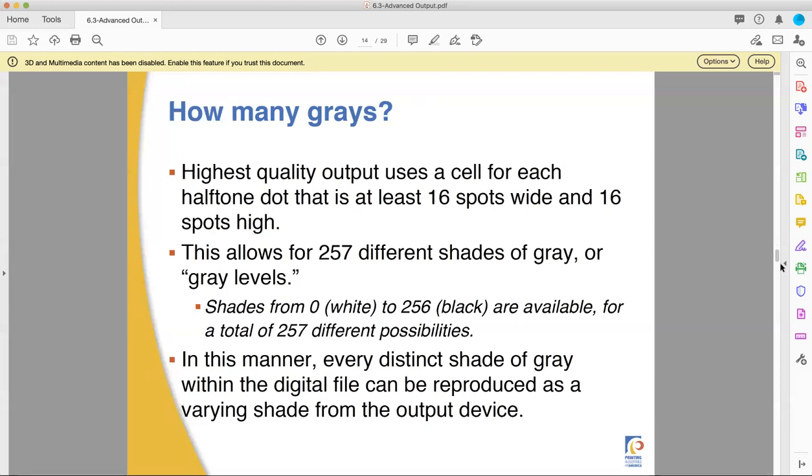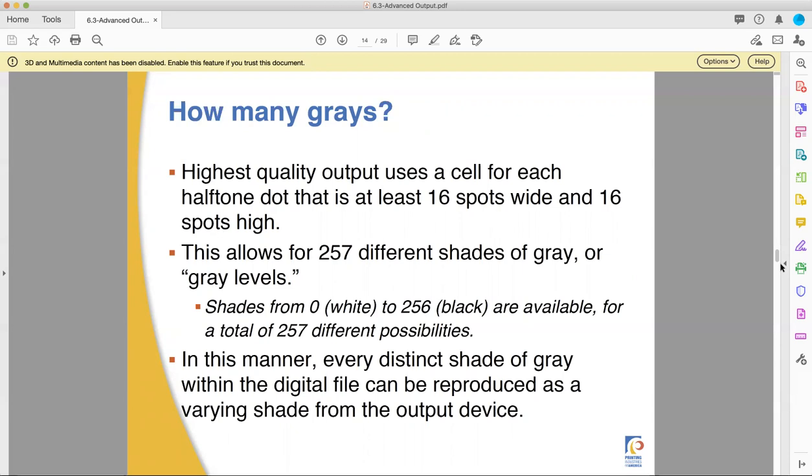The best quality output uses a cell for each halftone dot that's at least 16 by 16. That means it's a grid of 16 by 16 pixels, and those pixels translate into laser spots when the plate is imaged. Or if you're talking electrostatic printing, 16 by 16 for when you drop down that individual fleck of toner.